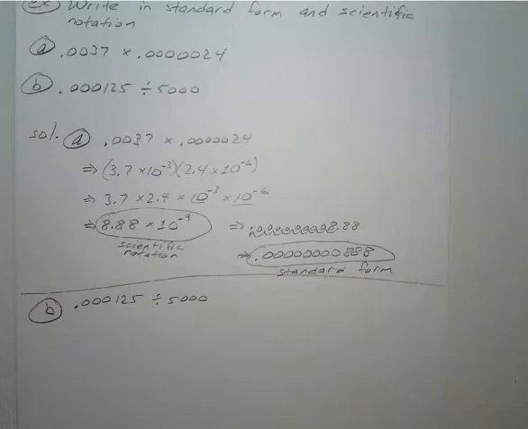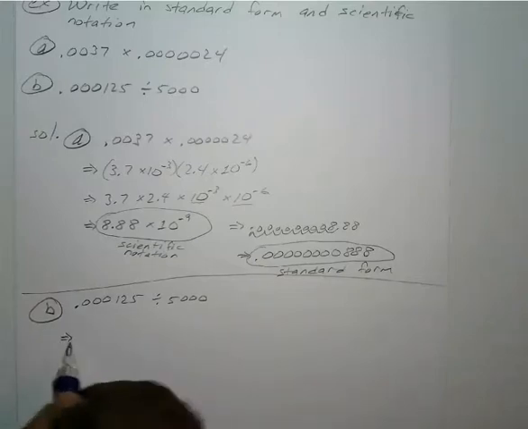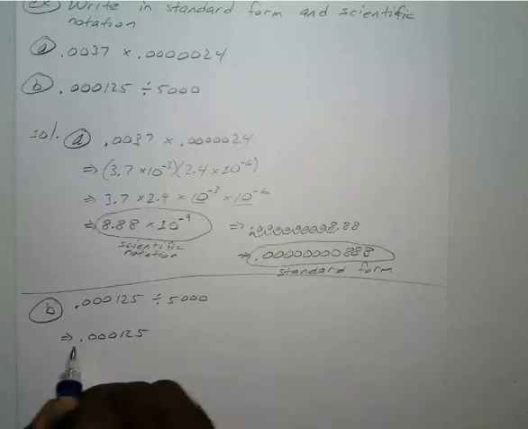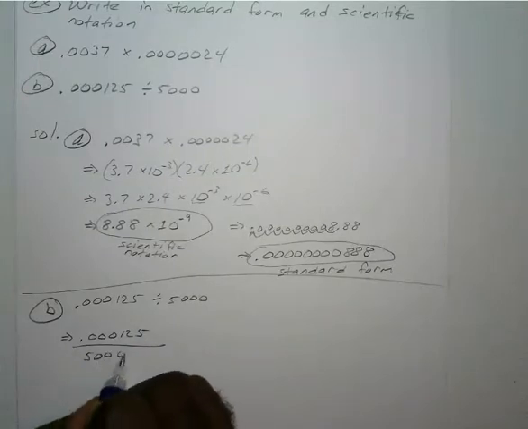So really we can just go ahead and rewrite that as 0.000125 divided by 5,000.